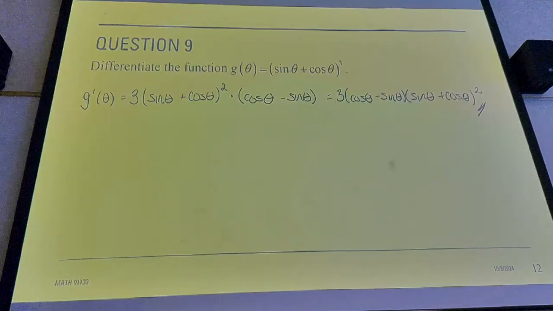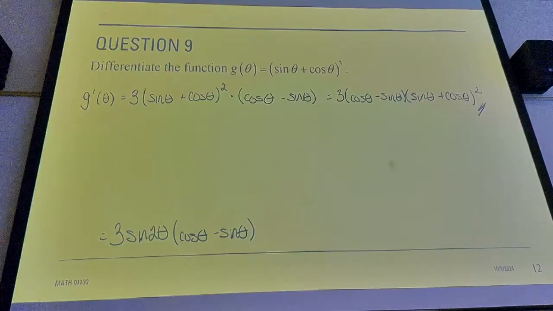I also just said cosine minus cosine, but that's 0. You can write that. So glad you asked.